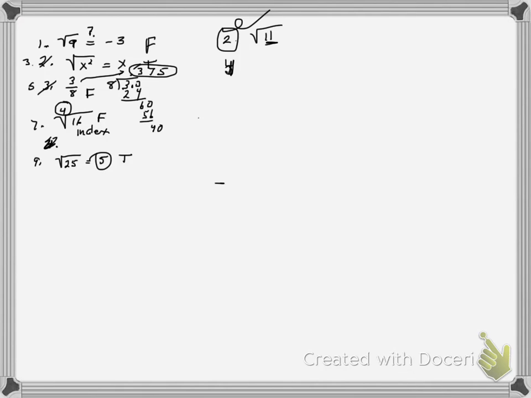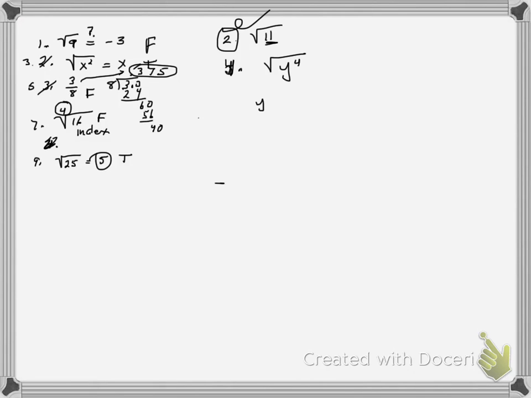Number 4. The square root of y to the 4th. That's a good question. What must I multiply by itself 2 times in order to get y to the 4th?